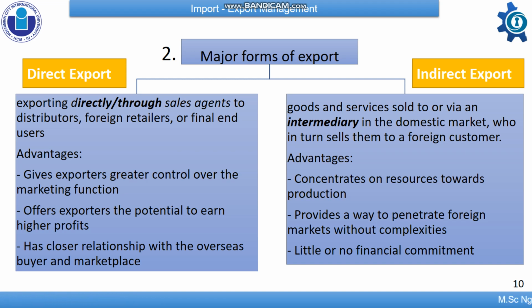Indirect export is when we also sell the goods and services overseas, but via an intermediary in the domestic market. So we have a third party in the domestic market, and they sell the products overseas.